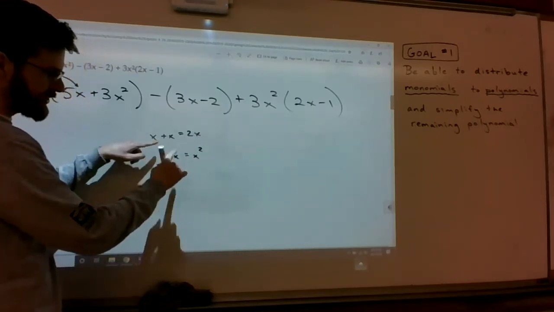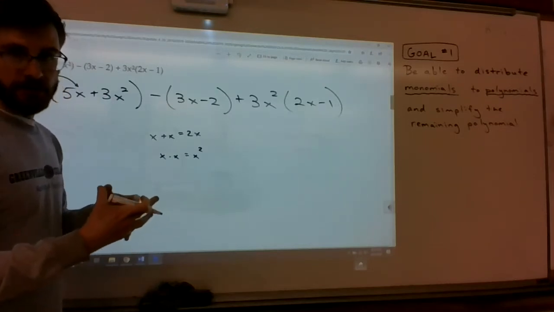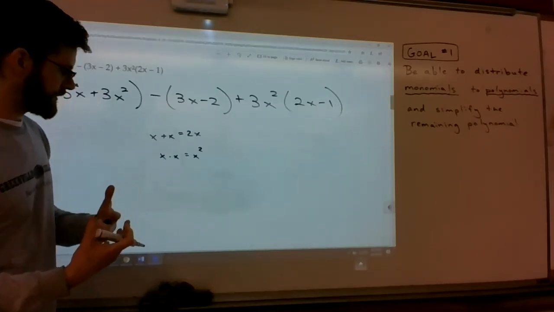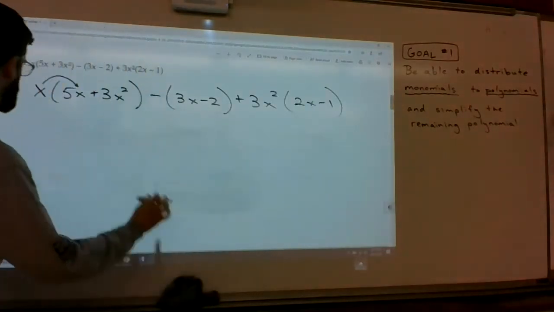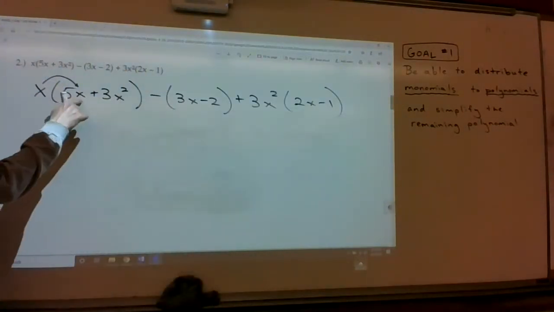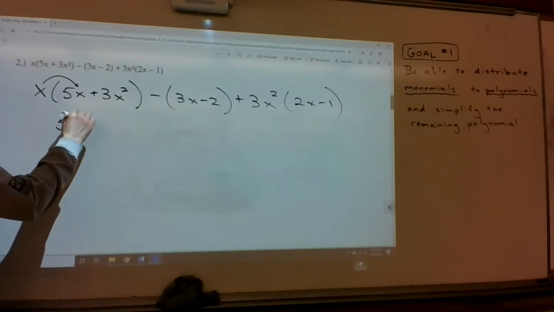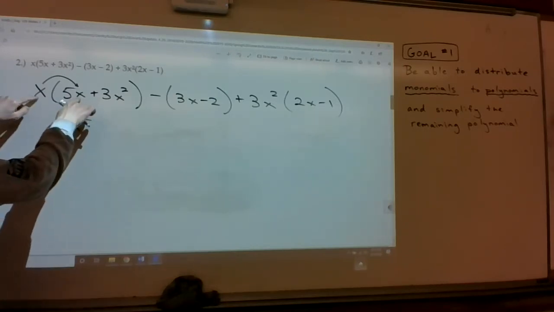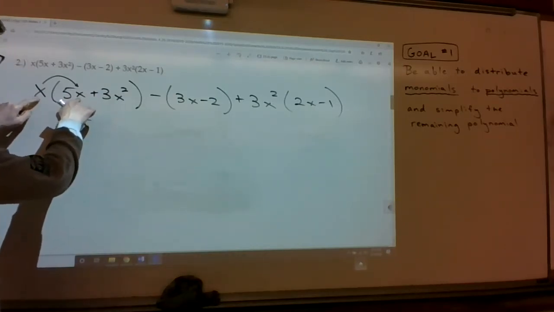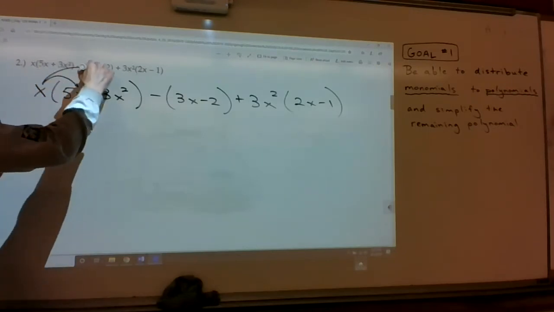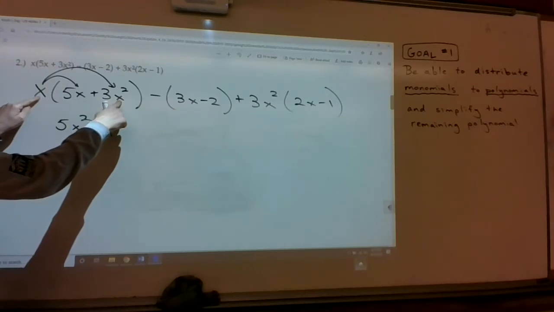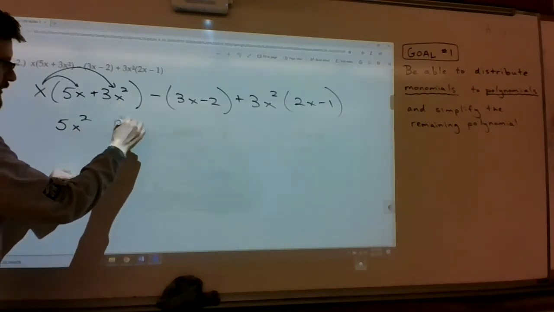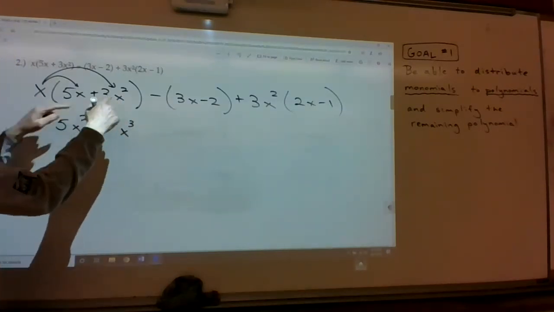Addition and multiplication work very differently on polynomial terms, so keep that in mind. The power will change with multiplication. So x times 5x is 5x squared. There's two x's being multiplied by each other here. In this next part, it's x squared times another x, so that's going to create x to the third power with a coefficient of 3.